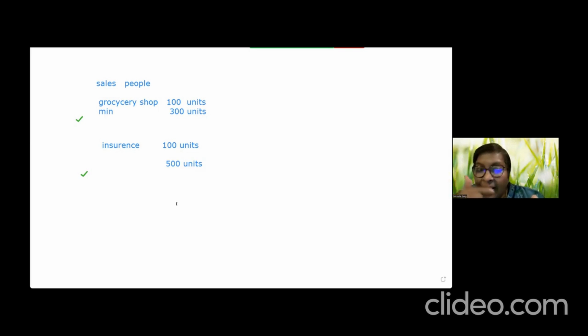Now, if I have in his salary a fixed component of, say, for example, I'm just hypothetical, 70% fixed component, and I will say only 30% as variable.